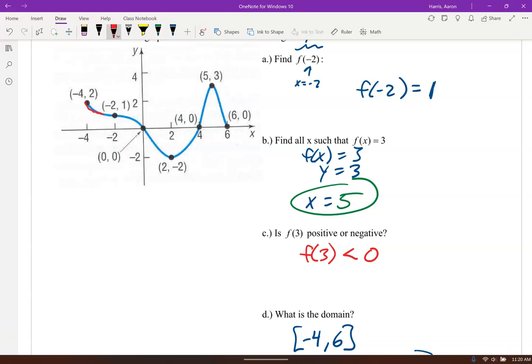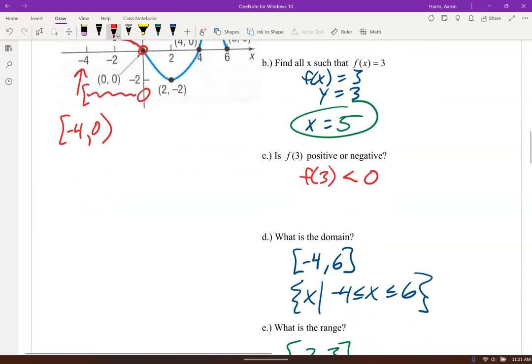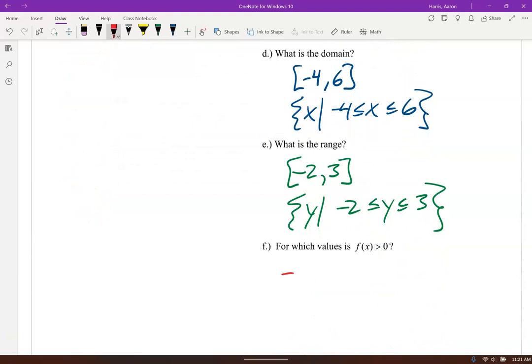I'm all positive here. Now, I have to be positive, so I cannot include that x value. So far, I'm from an x value of -4 up until 0, but I do not include that 0. So far, that's the area on the graph where I am positive.